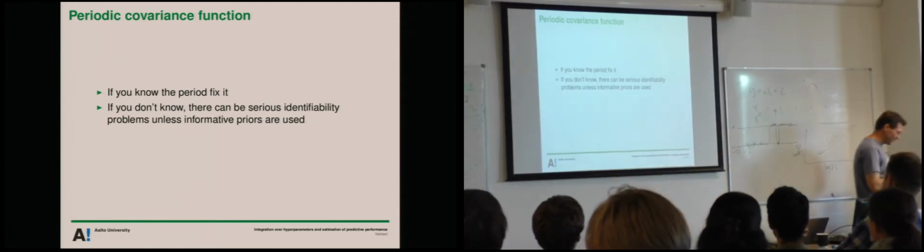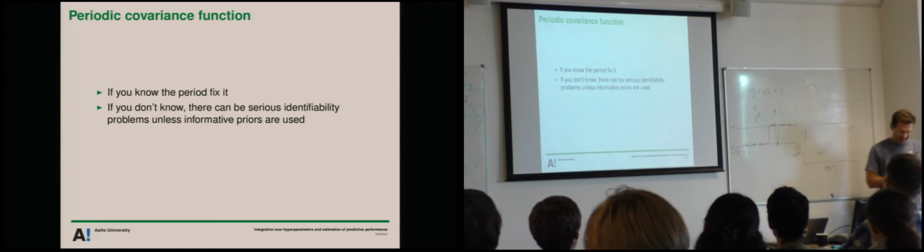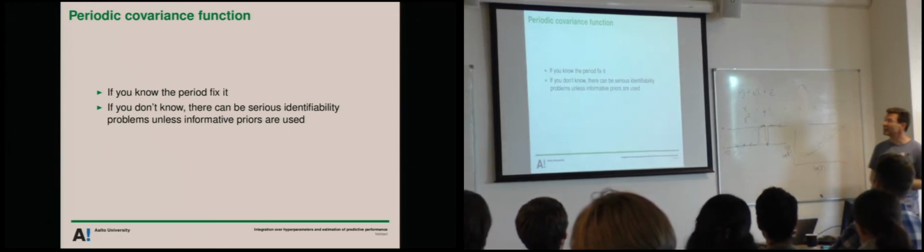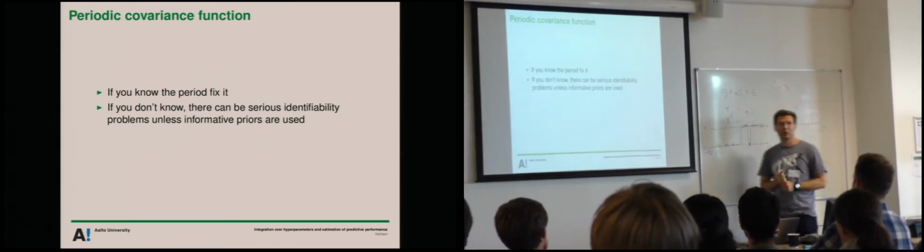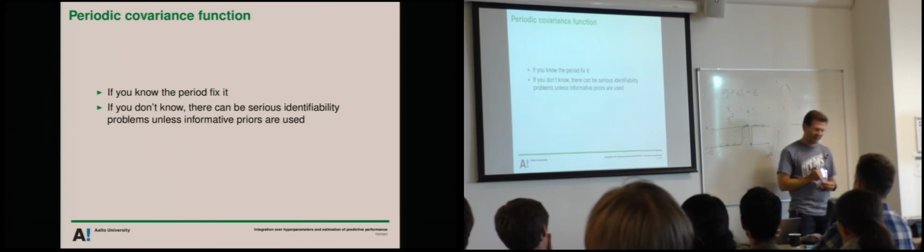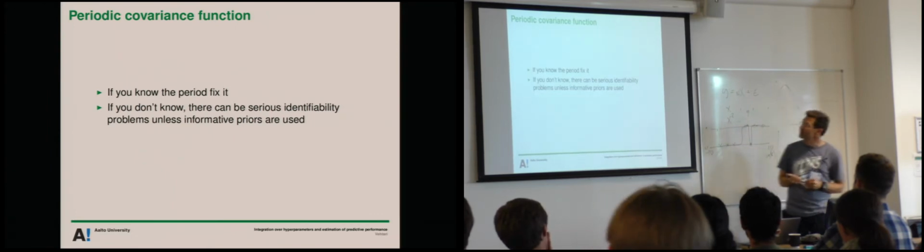Other covariance functions. In time series prediction, time series modeling, it's common to use periodic covariance functions. If you know the period, just fix it. You will get problems if you try to estimate something you know.